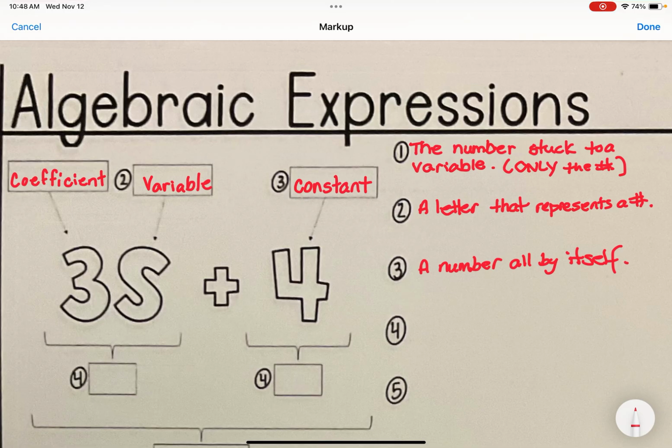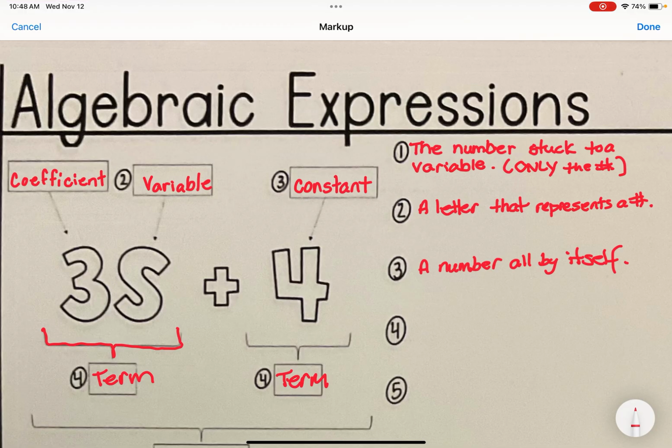Okay, so then we've got 4 and 5, which we haven't done yet. So you'll notice, let's trace over this little bracket right here. 3s together, those two things together are called a term. And this constant over here, this 4, is also called a term. So the 4 is a constant, but it's also a term in this expression.